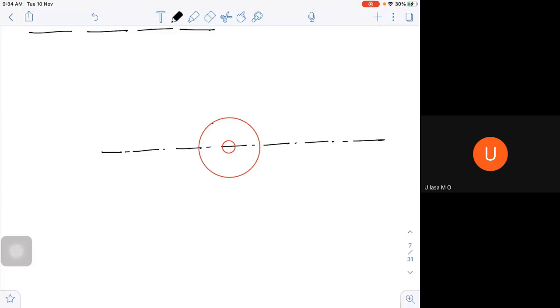So this is my impeller, and these are my vanes. I draw a simple rough sketch of it, with some 5 vanes.